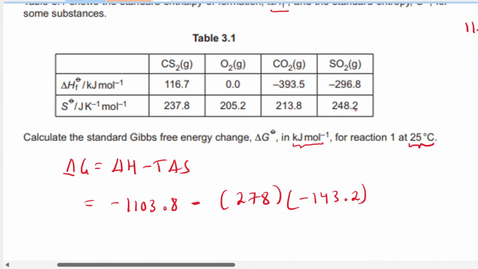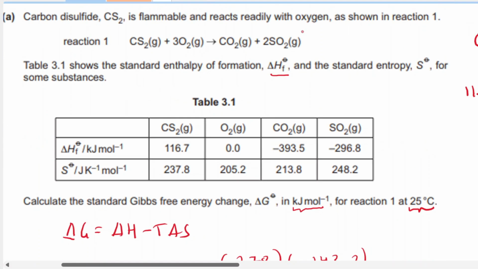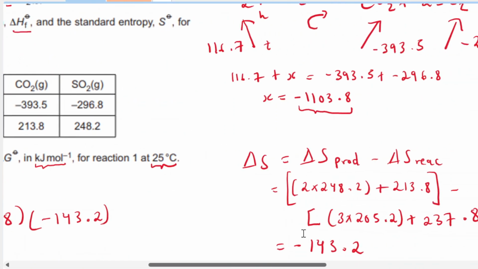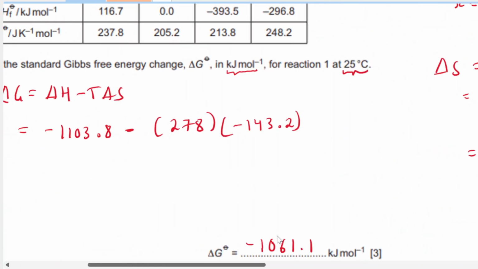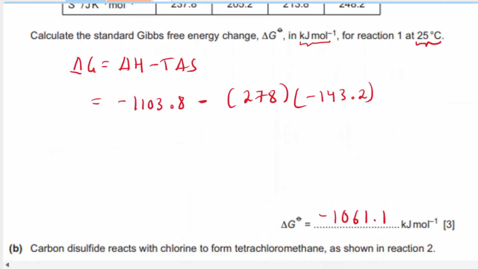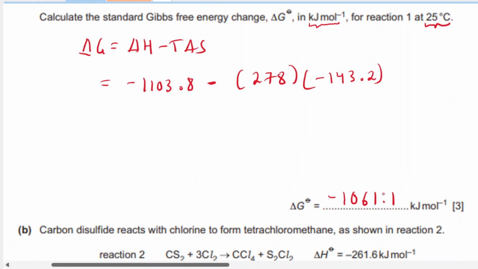So for example, 248.2, you will do it times 2, because there are 2 moles in the equation. And you should get your total entropy change as negative 143.2. And remember to change the temperature to Kelvin, so we get 278 Kelvin. Then when you add them up, the final answer shall be negative 1061.1. I hope that was clear.